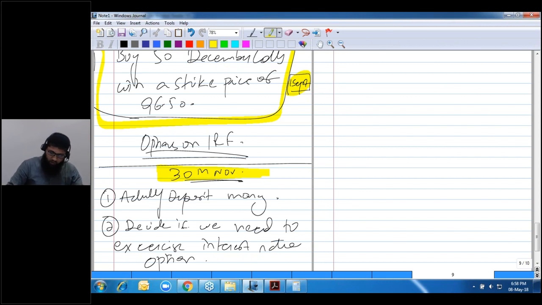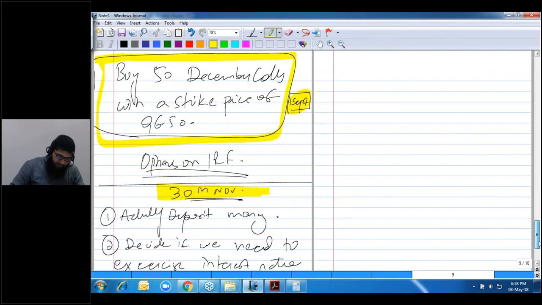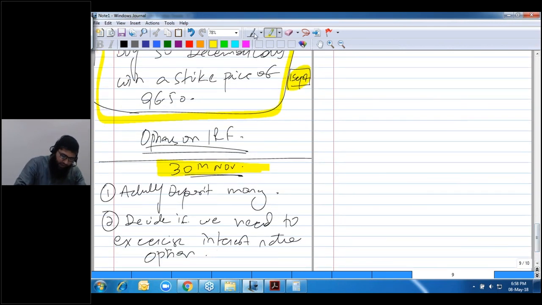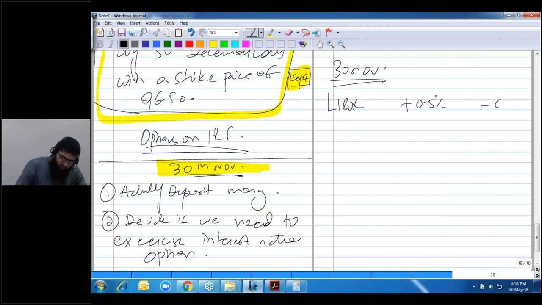Now see, the next important thing is what is going to happen on 30th November. The LIBOR is either going to increase by 0.5% or decrease by 0.5%.